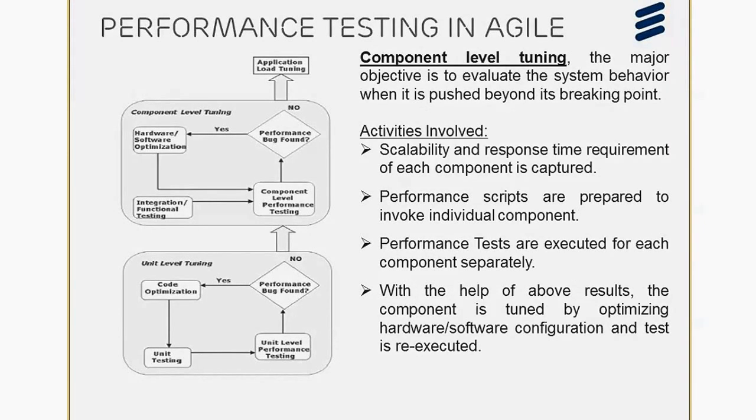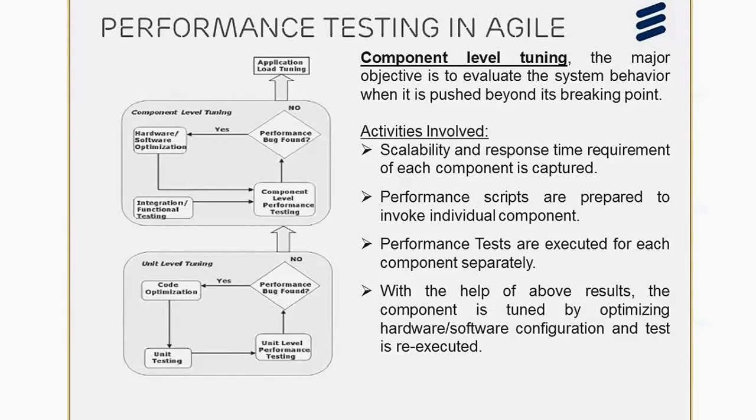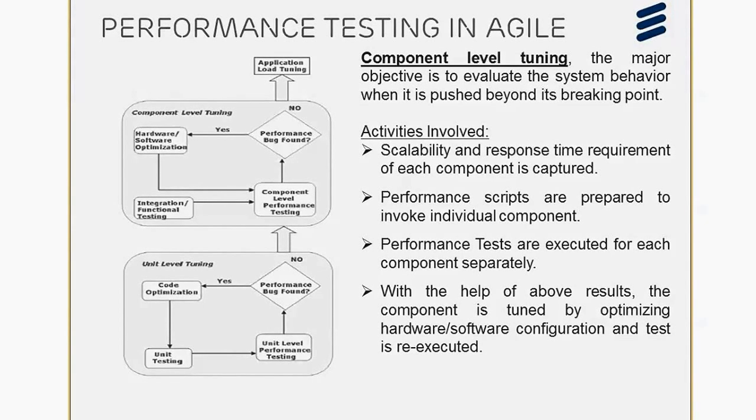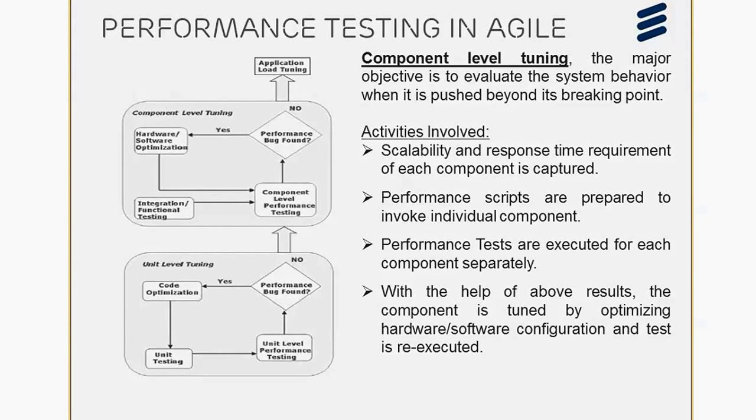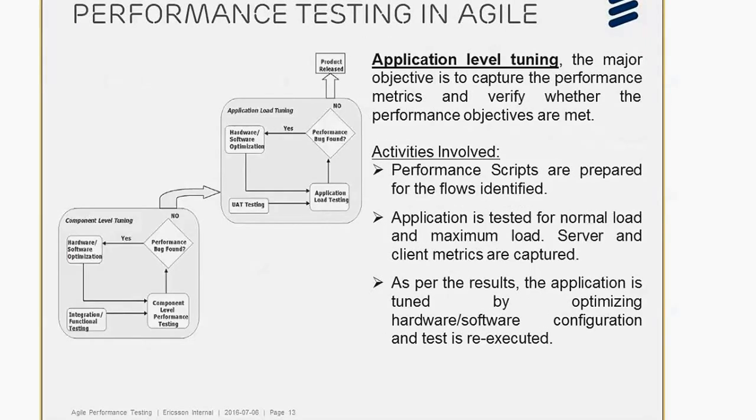You do performance testing at the component level as well to see whether my component is behaving properly or not. And finally, when everything passes, you do performance testing at the end-to-end application level, where your end-to-end application navigation and flow is captured. And most importantly, you capture the server and client metrics data here.